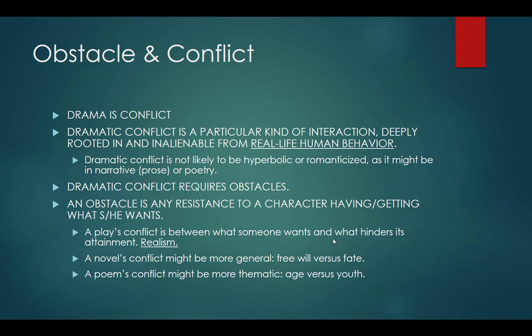Or a poem's conflict might be the theme of age versus youth, or intellect versus beauty. Those very sort of vague, not easily defined conflicts. In drama, it's all about the people, and what people really want, how they try to get it, and what is hindering them from attaining it.